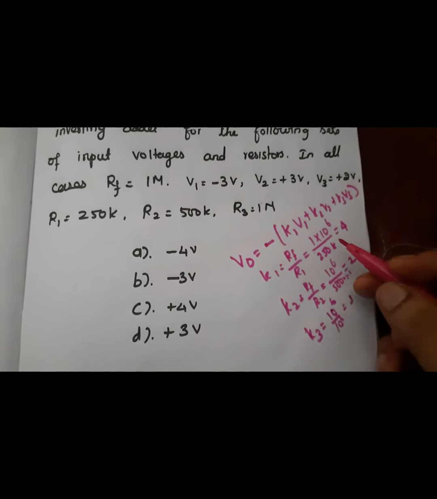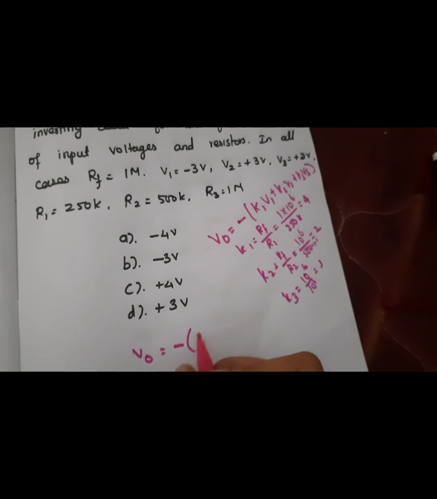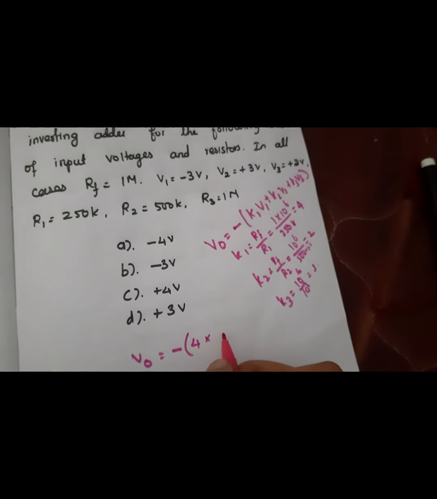So now we get all K1, K2, K3 values. From that we can find the Vout value. That is minus, 4 into V1 which is minus 3. Similarly, plus K2 is 2, 2 into 3, V2 is plus 3. Similarly, 1 into plus 2.